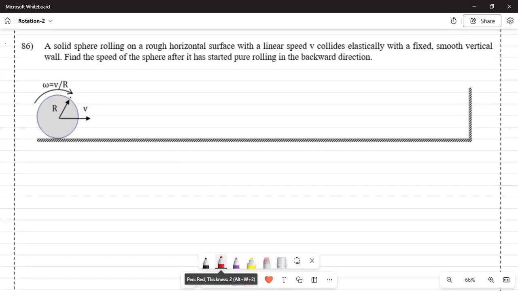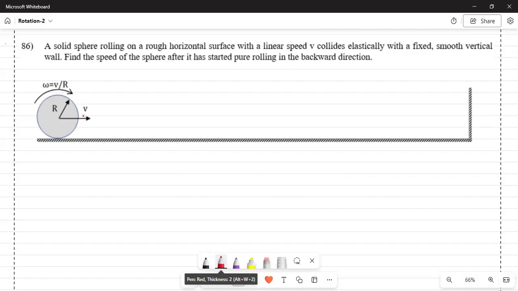It is the same solid sphere, rotating in a clockwise direction with an angular velocity v by r, and its center of mass has a forward velocity of v.